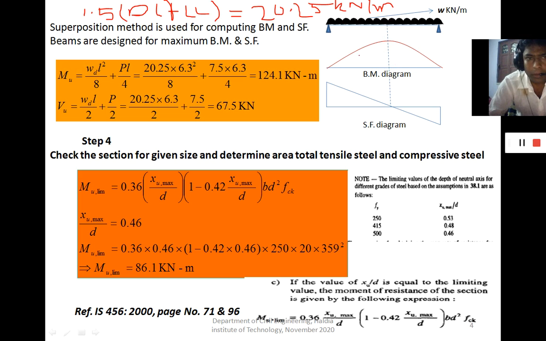Okay, so the bending moment, and this one is PL by 4. For UDL the maximum bending moment is WL square by 8, and for point load the maximum bending moment is PL by 4.